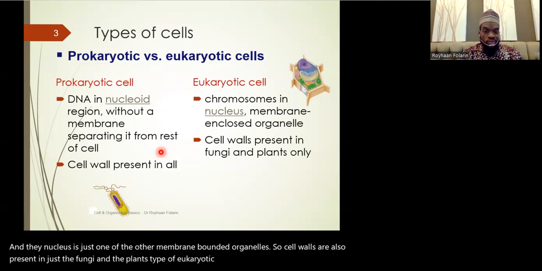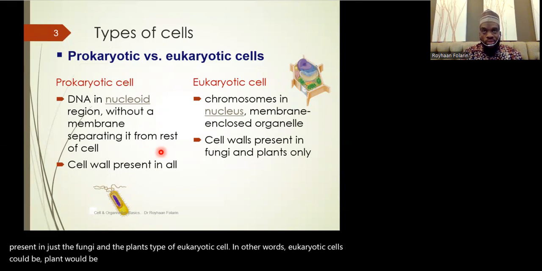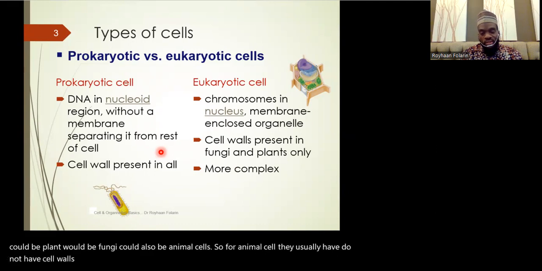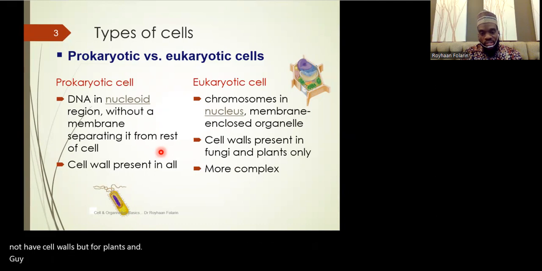In other words, eukaryotic cells could be plant, fungi, or animal cells. Animal cells usually do not have cell walls, but plants and fungi are the only types of eukaryotic cells that have cell walls.